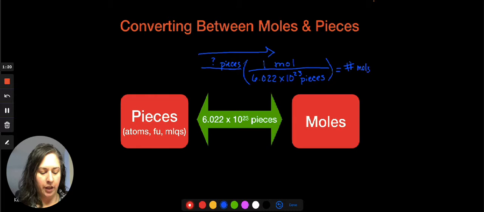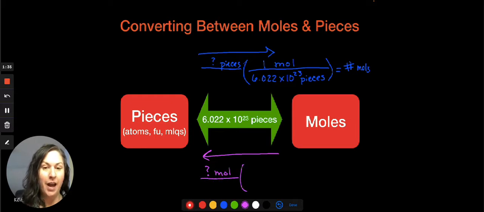If we are going in the opposite direction, if we want to go from moles back to pieces, we're going to flip that conversion factor. Here we're going to have some amount of moles given in our question, and we want to go back to pieces. In order to cancel moles, we have to put moles on the bottom.